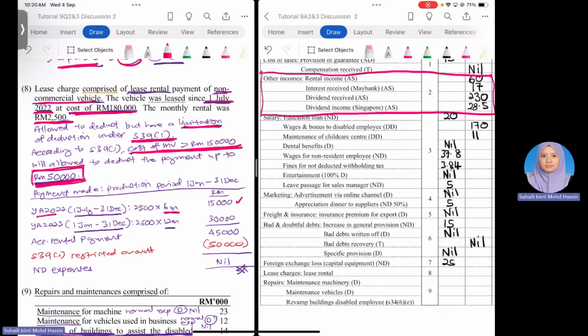In the current year 2023, you still pay from 1st January until 31st December, so 2,500 ringgit times 12 months. The total lease rental paid is 30,000 ringgit, which appears in the SOCI.